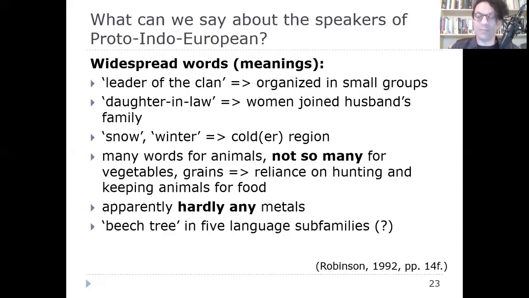Apparently, they didn't really have metals yet, so we hardly find any words for metals in common. We do find the word for beech tree spread out over some of the subfamilies within Proto-Indo-European.